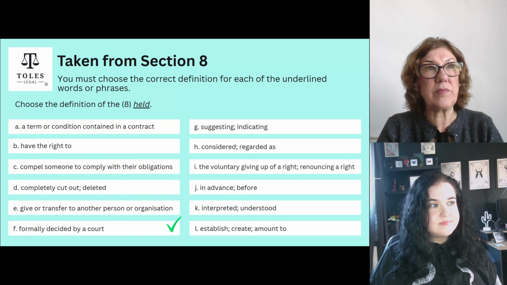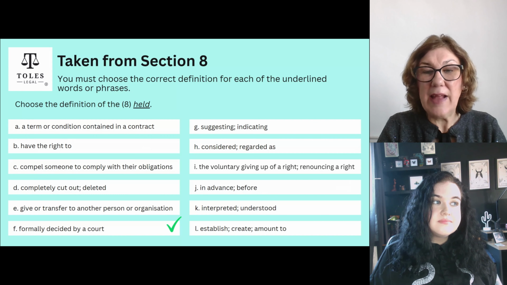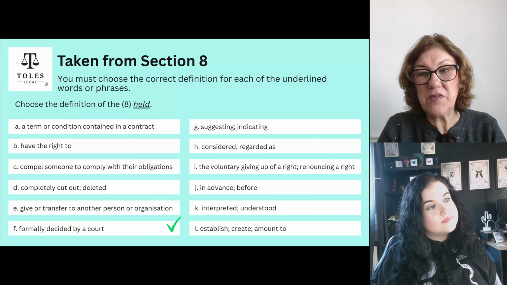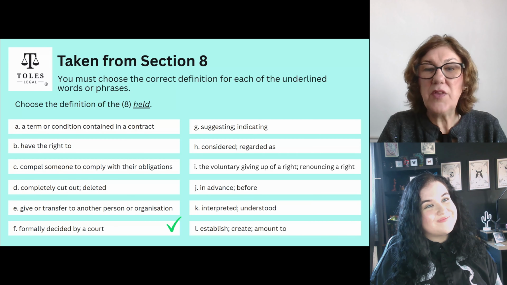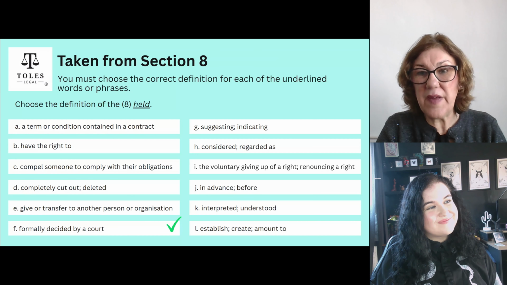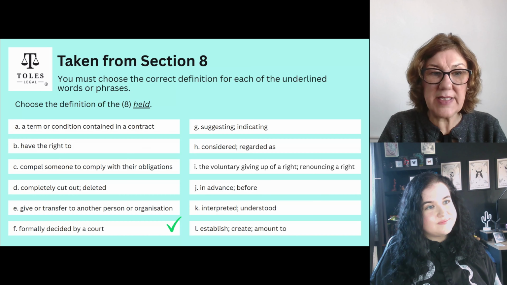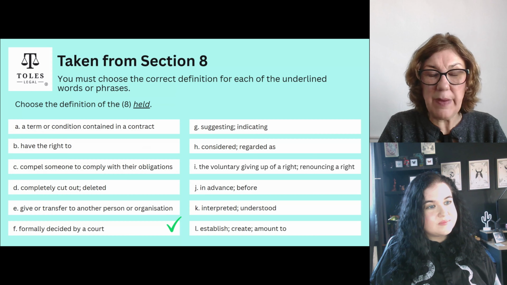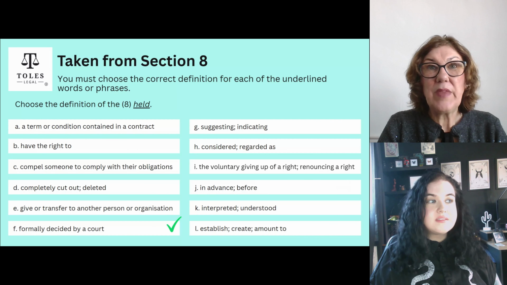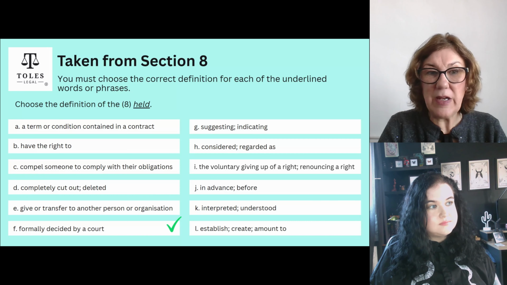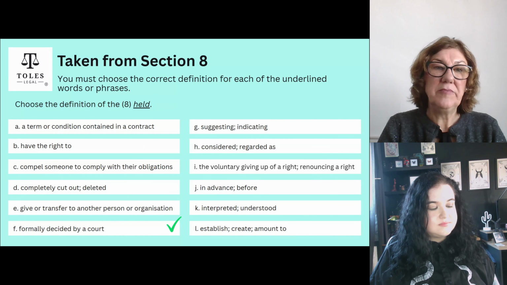For example, the court held that the defendant had to pay the claimant £1 million. The court held that the defendant was guilty. So it's a verb, to hold, past tense, formally decided by a court. So you need to know a little bit of basic contract vocabulary in English to do well in section 8.